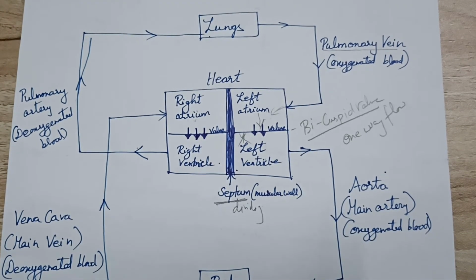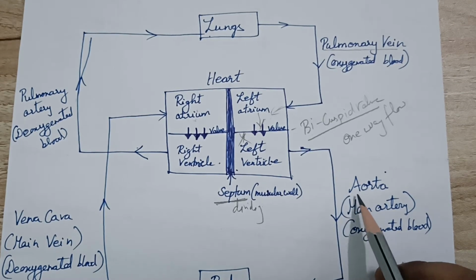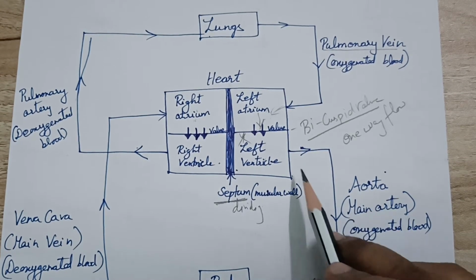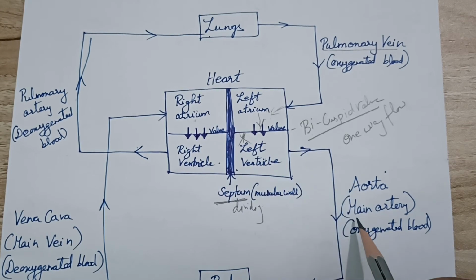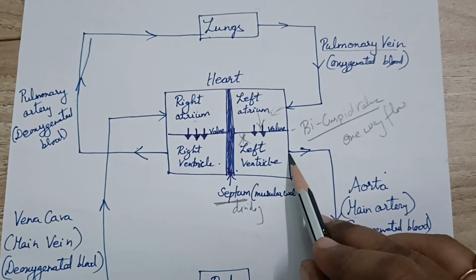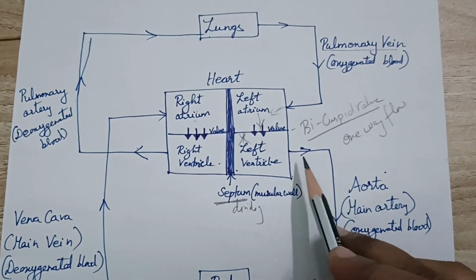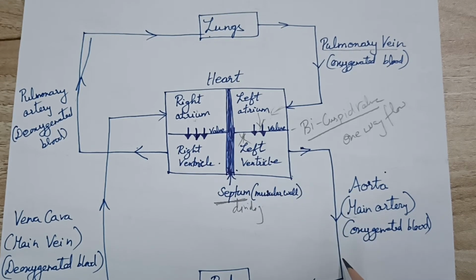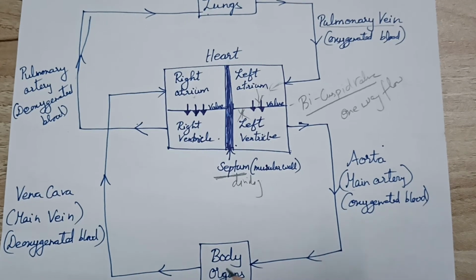I am pronouncing it aorta. Through the aorta, that is your main artery, the oxygenated blood will flow to all the organs of the body, from the left ventricle.